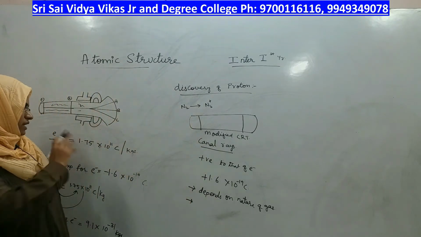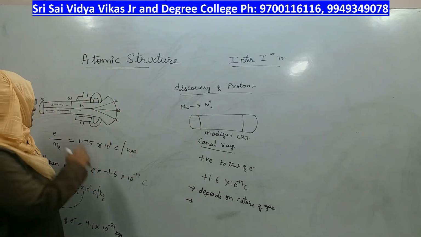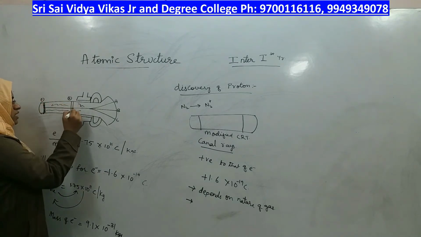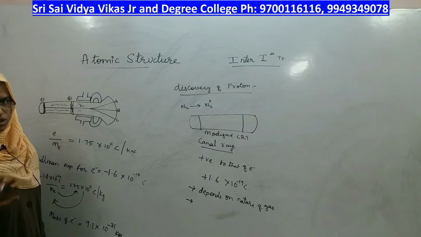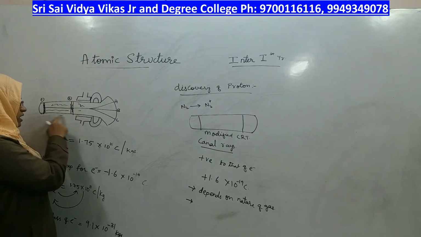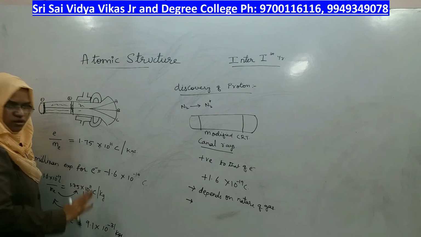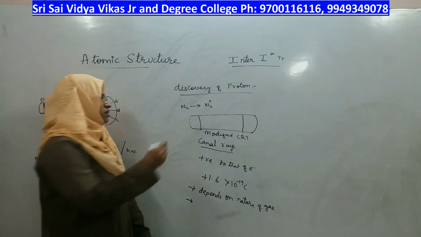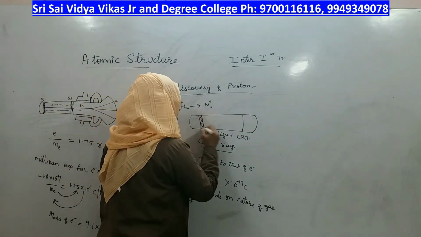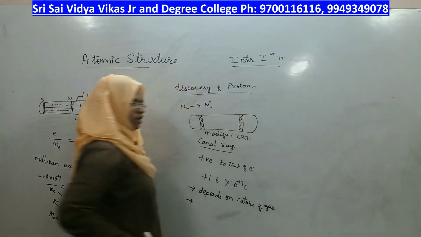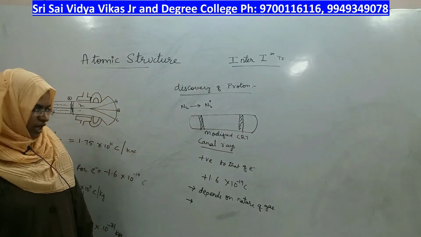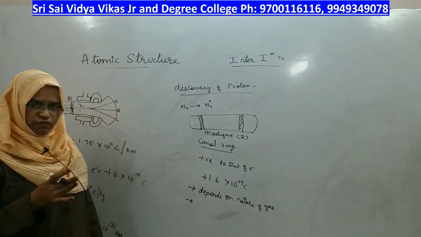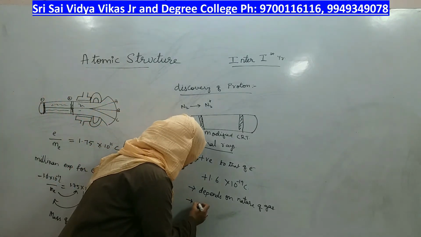The second difference between electron behavior and proton behavior is that the electron was also independent of the nature of the electrode or the material you were using, whether for cathode or anode. Whatever material you use for cathode or anode does not influence the electron's behavior. But here, whatever material you use for the electrode, be it cathode or anode, decides the quantity of protons or the speed of the protons coming out from the electrodes.